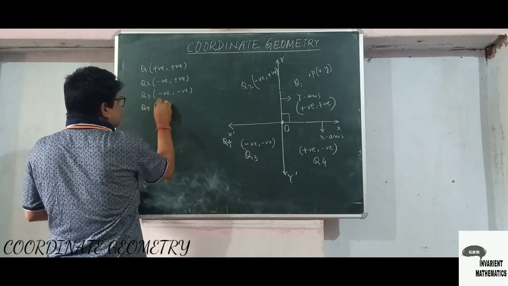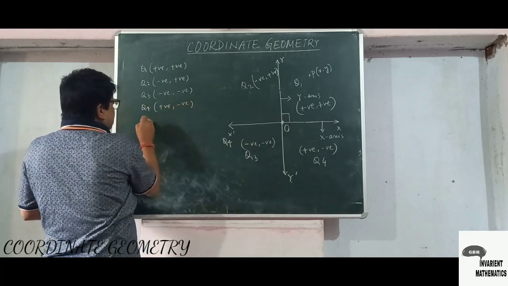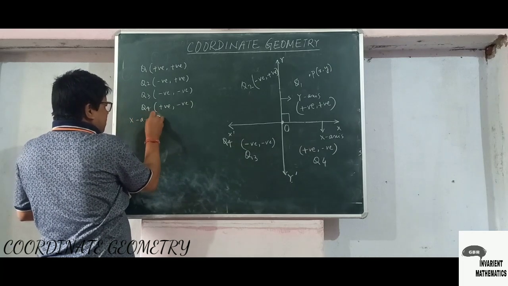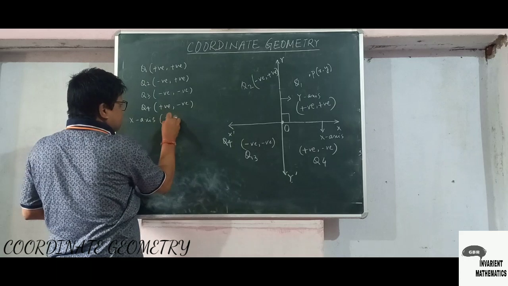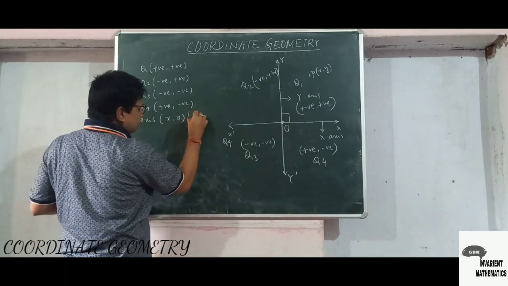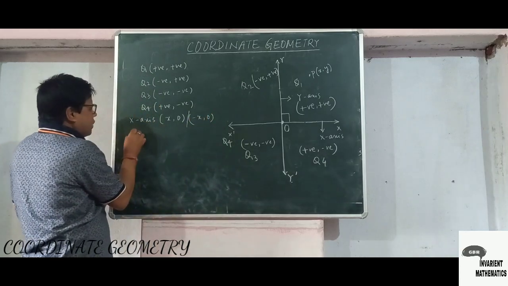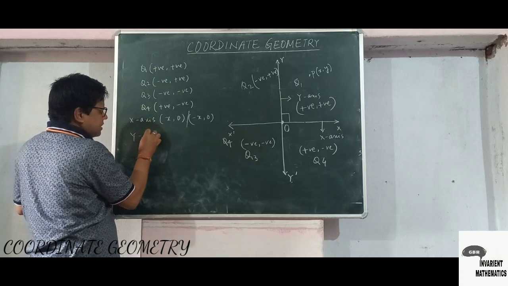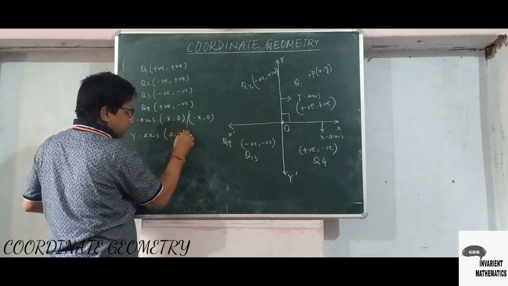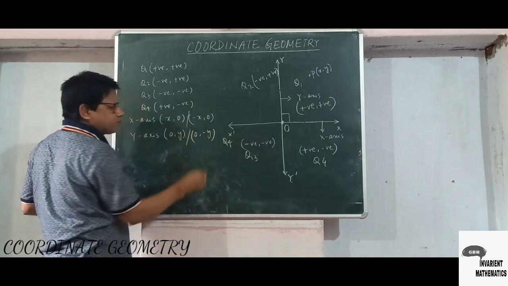Q4, that is positive, negative. Then the x-axis has points like (x, 0) or (minus x, 0). The y-axis has points like (0, y) or (0, minus y).